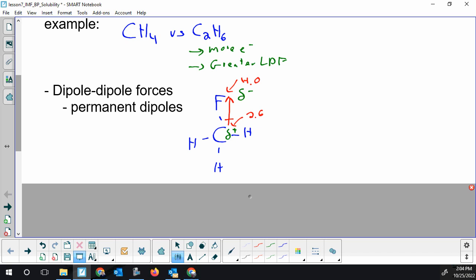This is all Chem 20. You just need to realize that there's a permanent dipole here. There's a negative end and a positive end. So this molecule, fluoromethane, has London dispersion forces, and on top of that, it has dipole-dipole forces. It has two different types of forces.